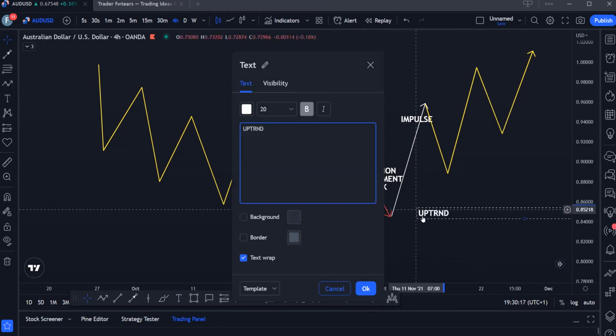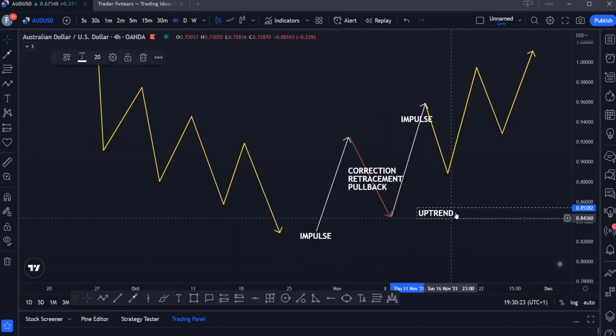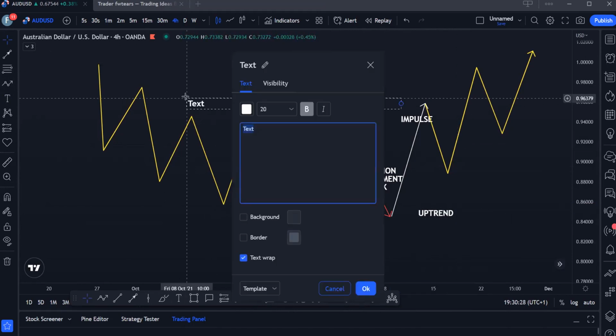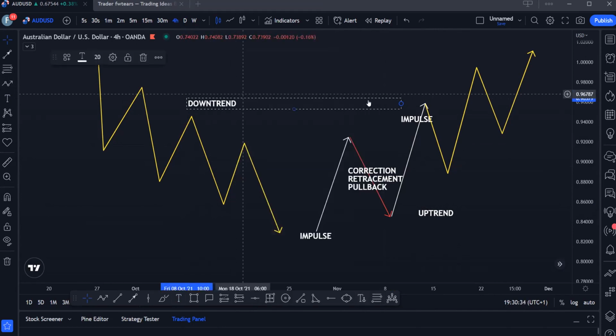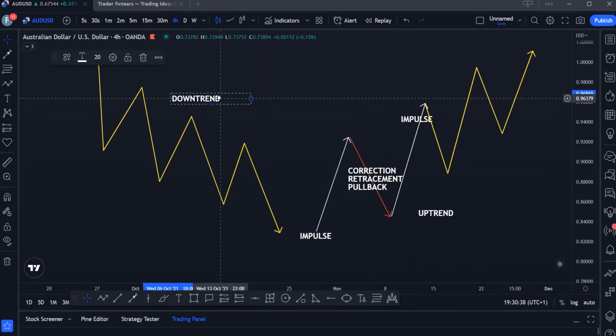This is how an uptrend looks like. When price is losing momentum like this, this is called a downtrend. That means price is bearish. Okay, the price is dropping. Downtrend. Okay, again, a trend is what? An uptrend or a downtrend.